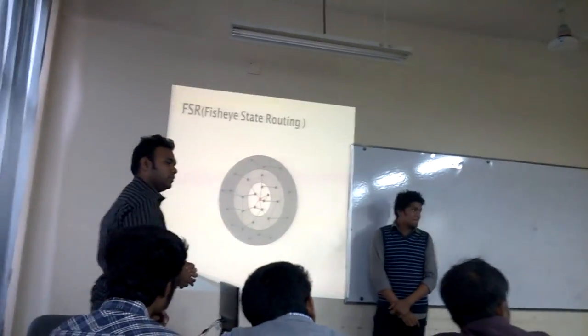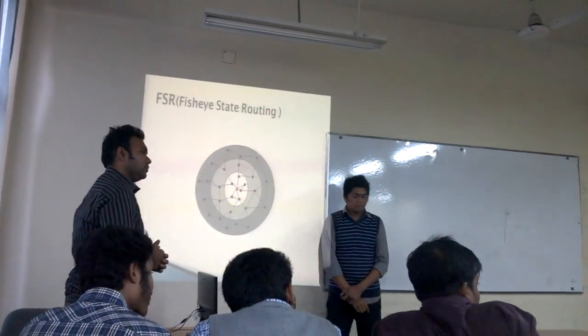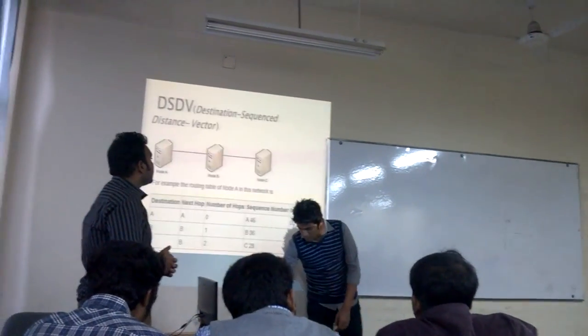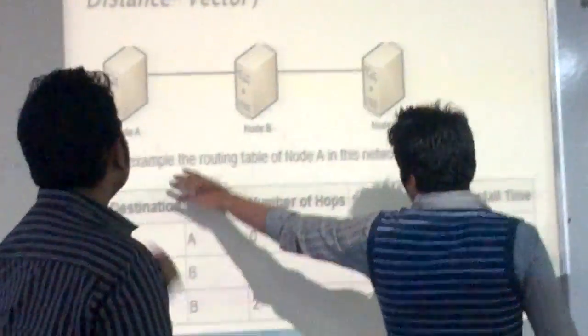How does a particular node receive the information of other nodes which are not neighbors, like node C? Let's consider A is the source and C is the destination.